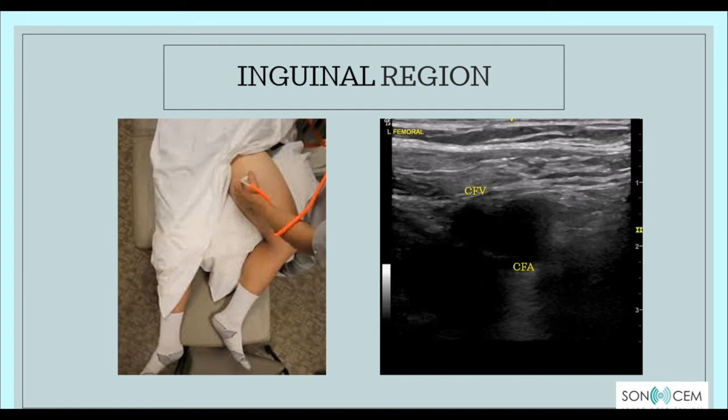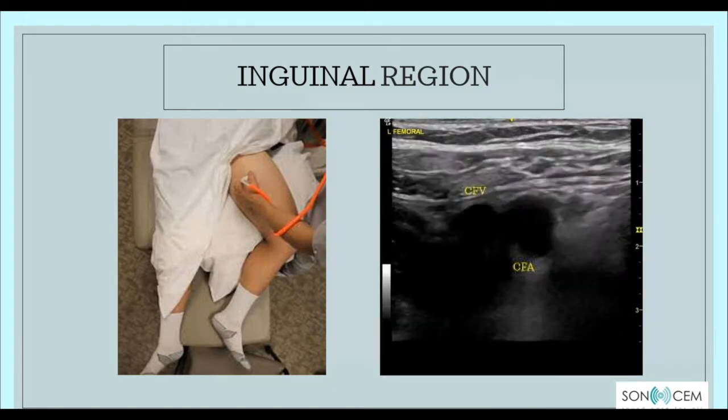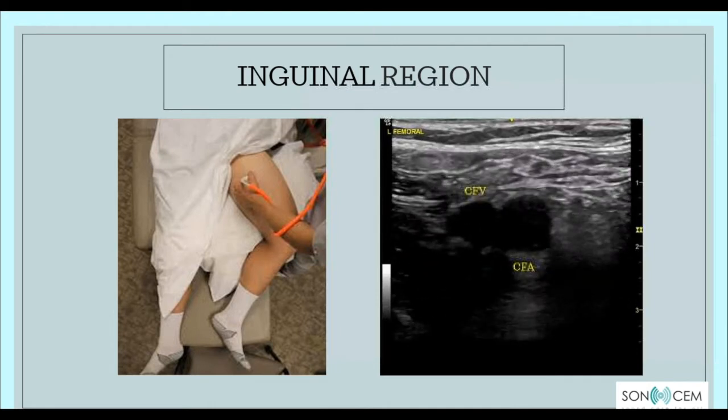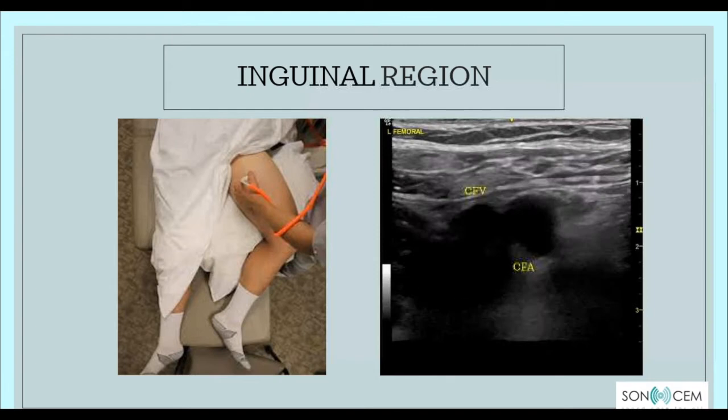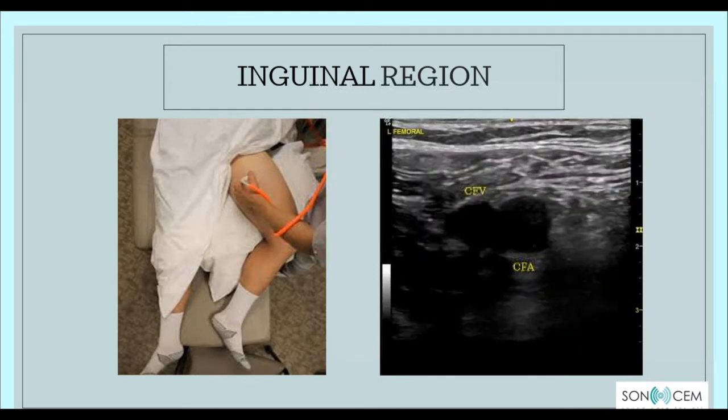We place the probe just below the inguinal ligament at the femoral triangle, and then we can see the structures at the femoral triangle, which are the common femoral vein and common femoral artery. So this is the scan from the left femoral region. You can see the common femoral vein and common femoral artery.